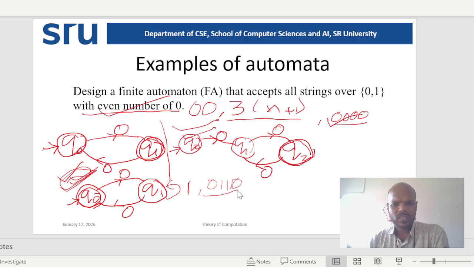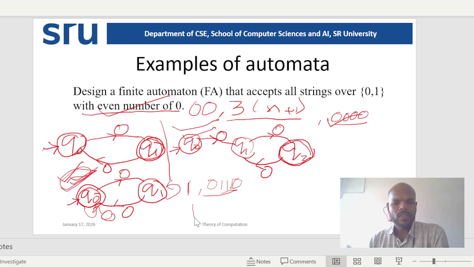So that means that anything with even number is accepting. That means that it is not violating our basic property. So now you check it the one more transition on the Q0 state with 0. Now check it. It will get accepting or not.